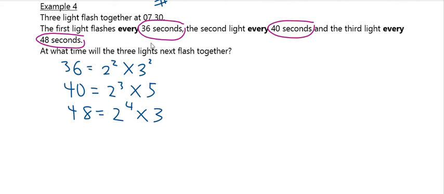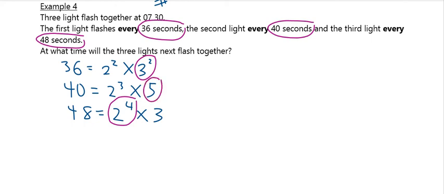Now let's take the highest power of 2 here, so you will take 2 power 4. The next one is 3, where you have to take 3 square. You don't have 4, but you will have 5 also for your LCM.